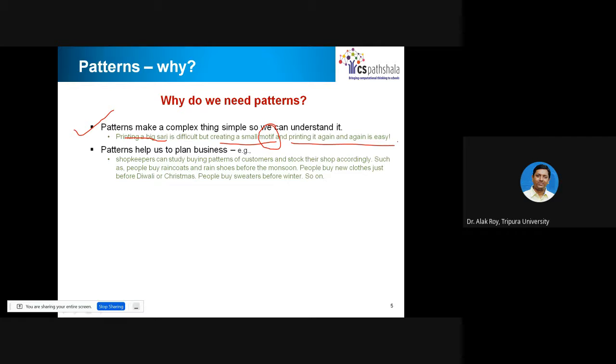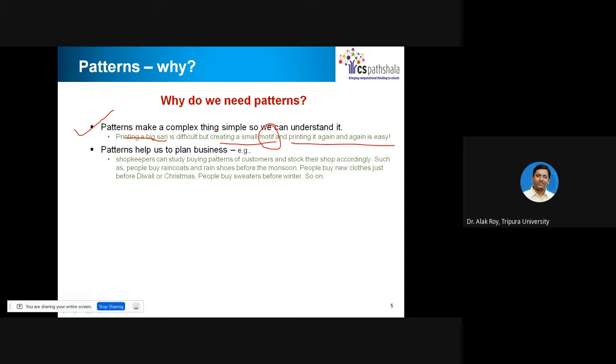Or take a second example, patterns observed by businessmen. Different shopkeepers study the behavior of different customers. Depending upon what customers have purchased in earlier days, the shopkeeper can stock accordingly.